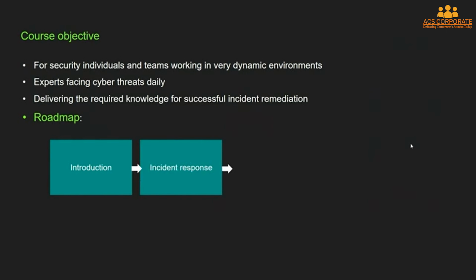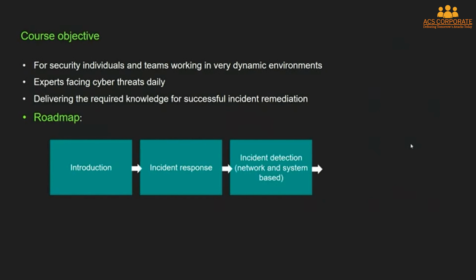Then we will take every phase of incident response and explain it in much detail. Then we will have different ways to verify and analyze an incident after detection, in system and network-based detections and verification.